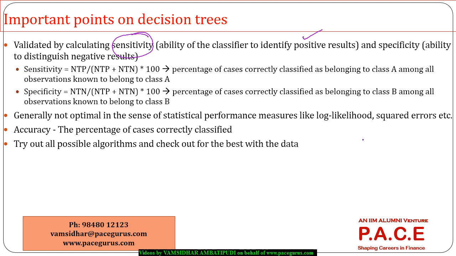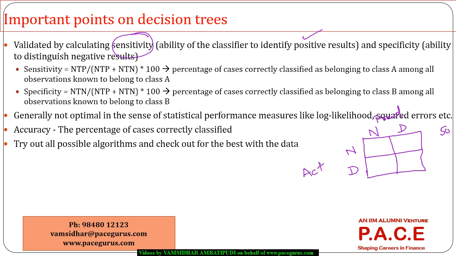So let me build a small grid: no default, default, no default, default. This is the predicted result, and this is the actual result.